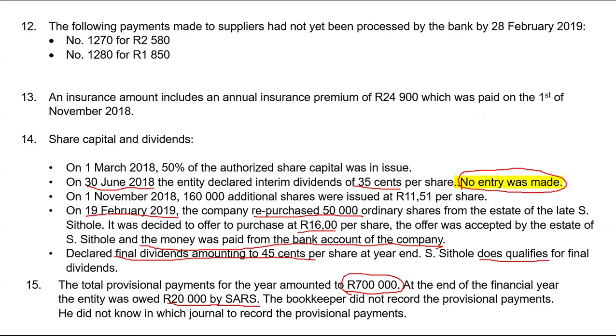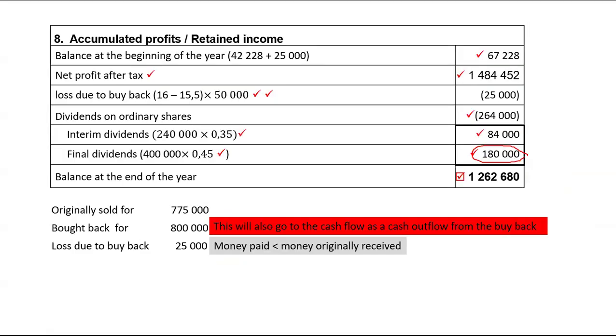Now, if the money was paid from the bank account of the company, it will reduce our bank account. It'll reduce our bank account by how much though? It will have reduced our bank account by 800,000. But this transaction was already recorded. You got it? It was already recorded.